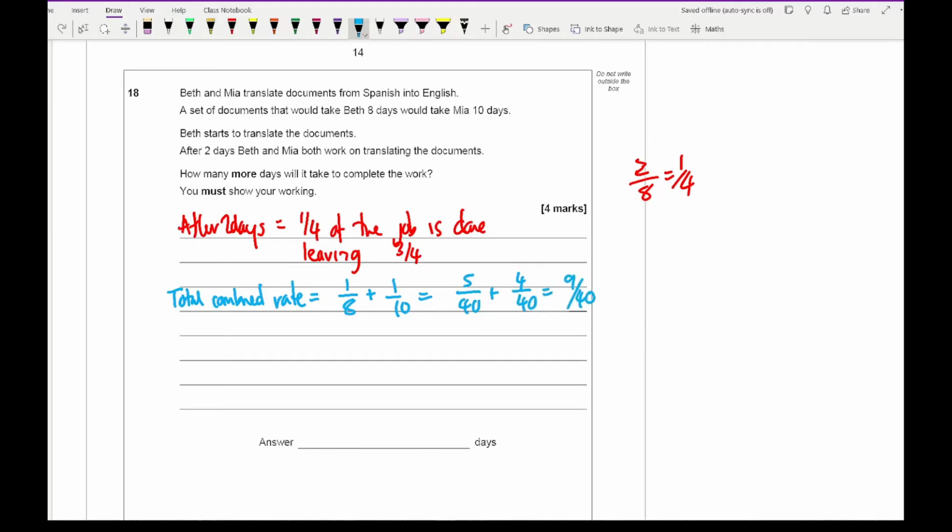So from this, what I then need to do is divide 3/4 of the job by 9/40, which then becomes 3/4 times 40/9. 3 times 40 is 120, and 4 times 9 is 36. And then from this I can divide it by 2, so I've got 60/18, which then gives me, divide both numbers by 6, I get 10/3, so it's going to be 3 1/3 days.